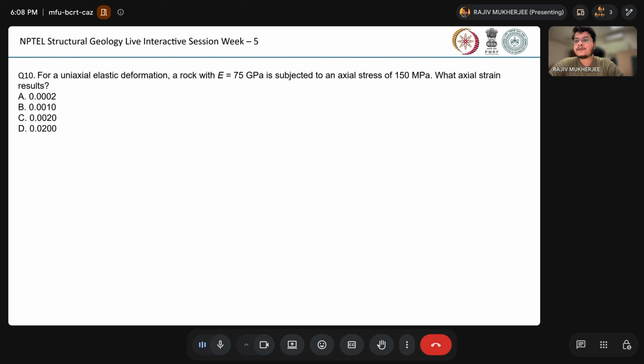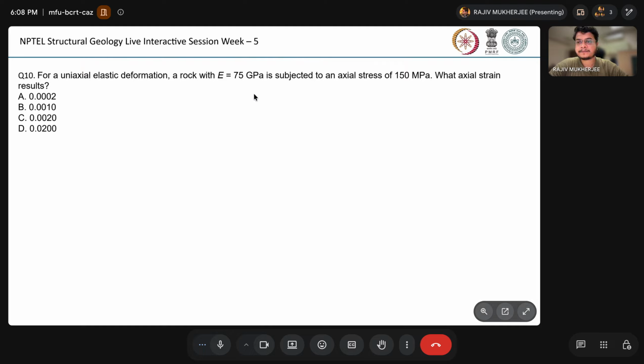Yeah, so for a uniaxial elastic deformation, a rock with Young's modulus of 75 gigapascal is subjected to an axial stress of 150 megapascal. What axial strain results in this deformation?